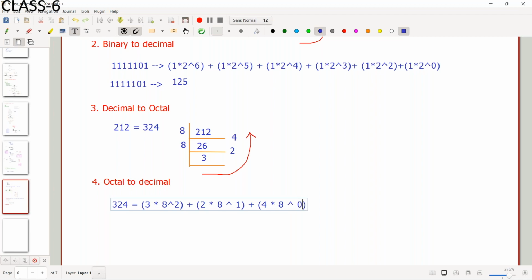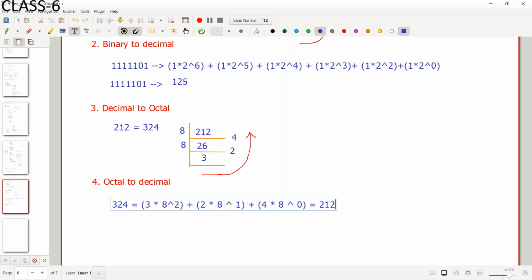Okay, so do we get 324? So 3 into 8 power 2, plus 2 into 8 power 1, plus 4 into 8 power 0. We will get it back as 212.